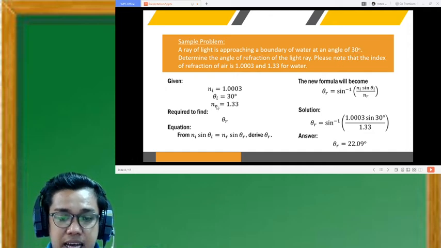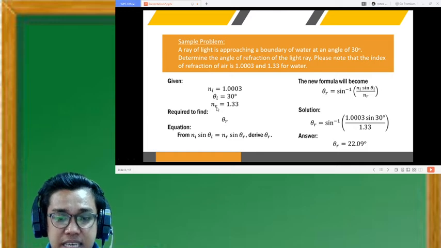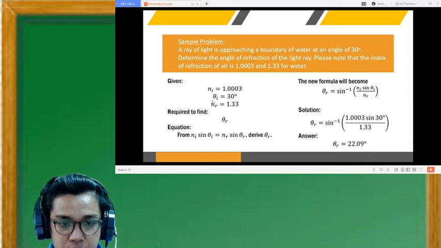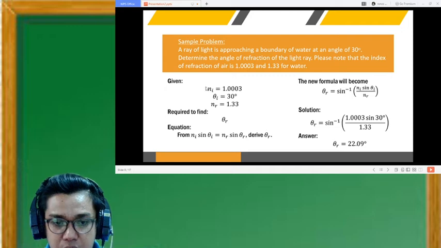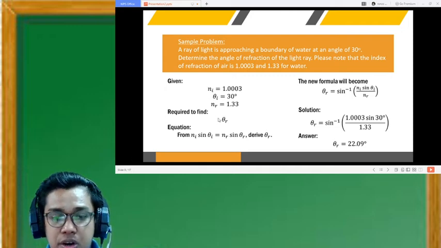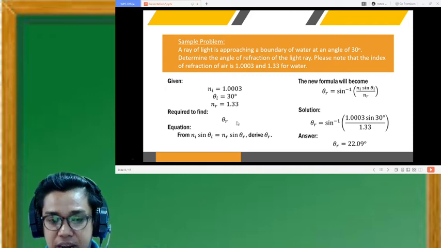And the index of refraction of the second medium is 1.33, which is water, or 1.333, okay? So, anong nawawala? We find the angle of refraction.